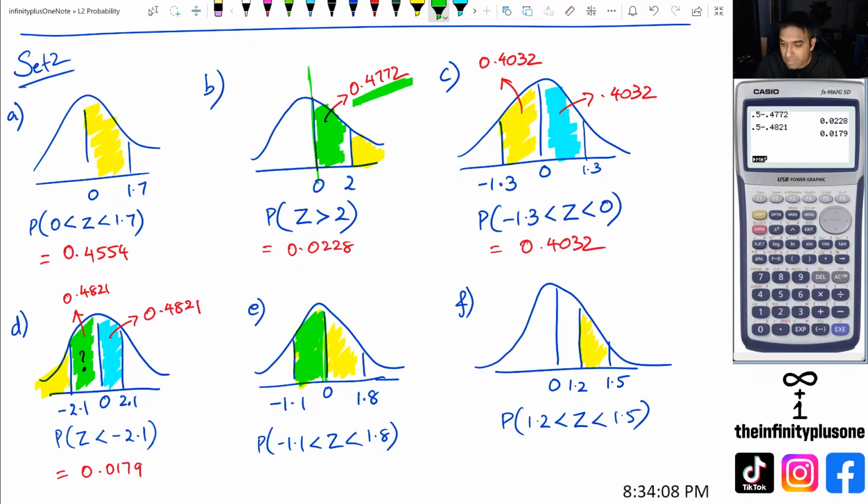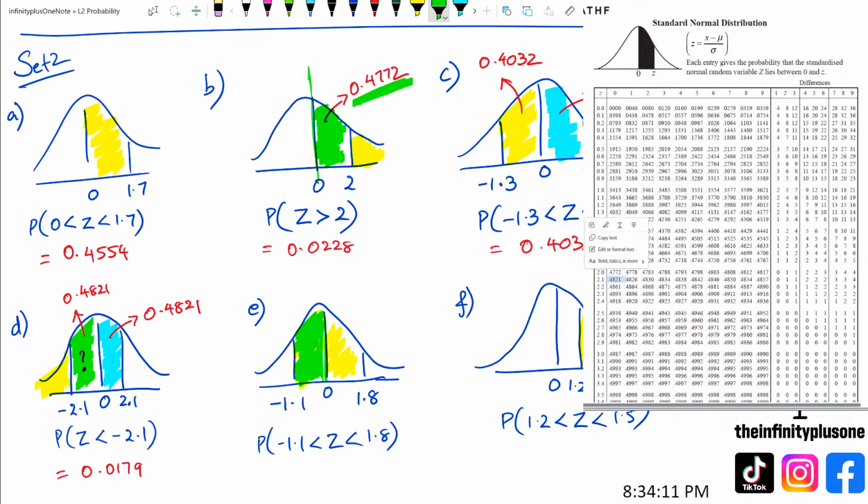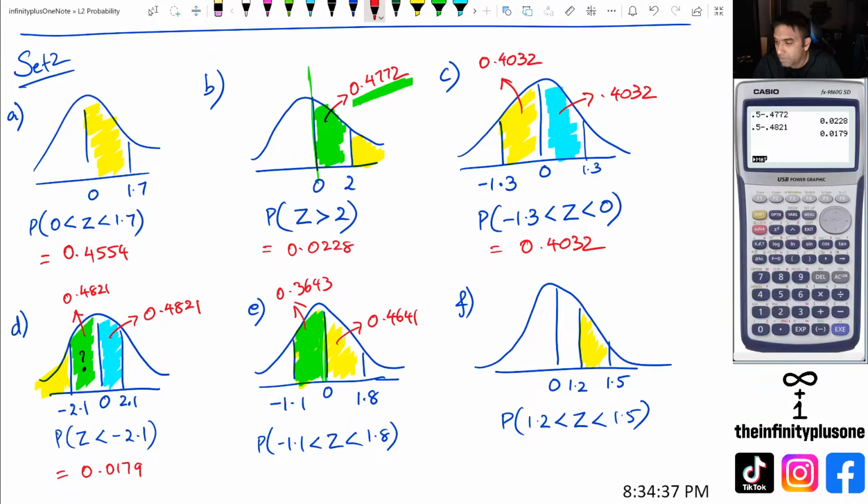So when I look at my tables, the yellow part, which is 1.8, is going to be 0.4641. So that's this thing here, 4641. Then I'm going to look at 1.1, which is this. That's going to give me 0.3643.